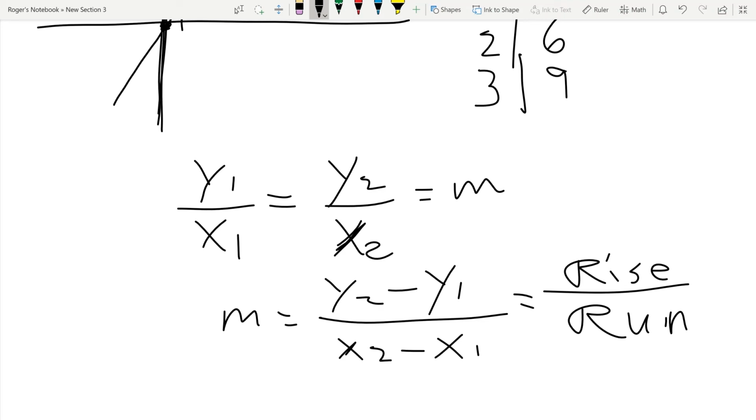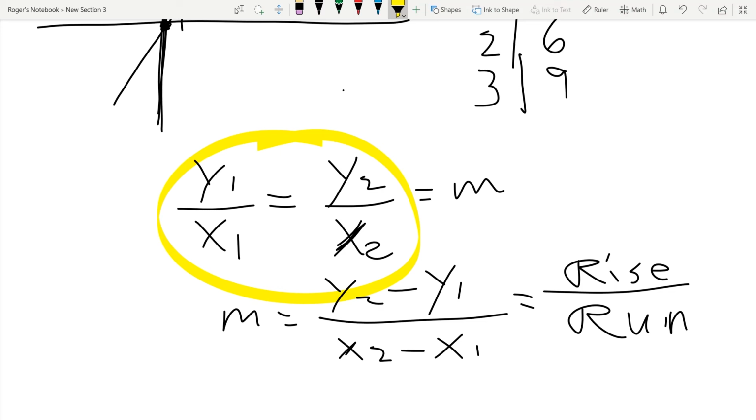So we call this a linear relationship. Y1 over x1 equals y2 over x2. Well, it's linear, and this was what we would call a proportion. So something that would work well with this, you'd say something like this.